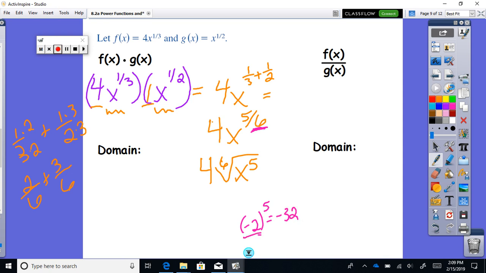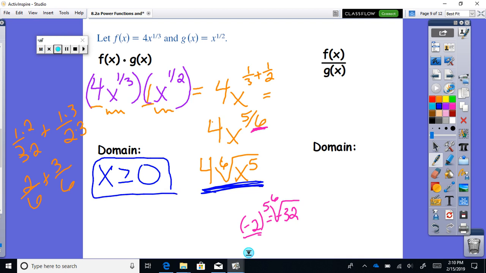So since if you take a negative 2 to a 5th power, your answer is negative, and you can't take an even root of a negative number, you can't plug in any negative numbers in here. So the domain has to be x is greater than or equal to 0. You can plug in 0, take the 6th root of 0 and get 0. You can't take the 6th root of a negative number. So that's your domain.